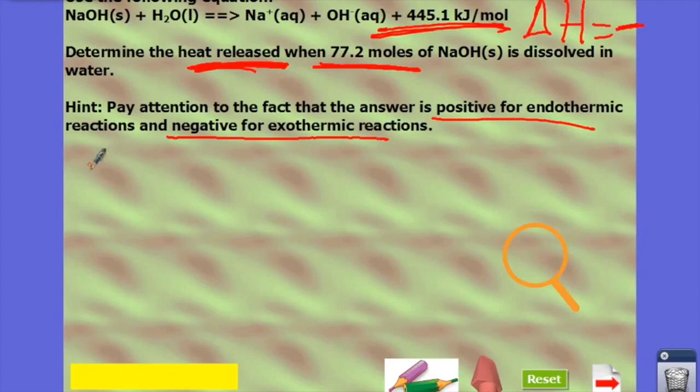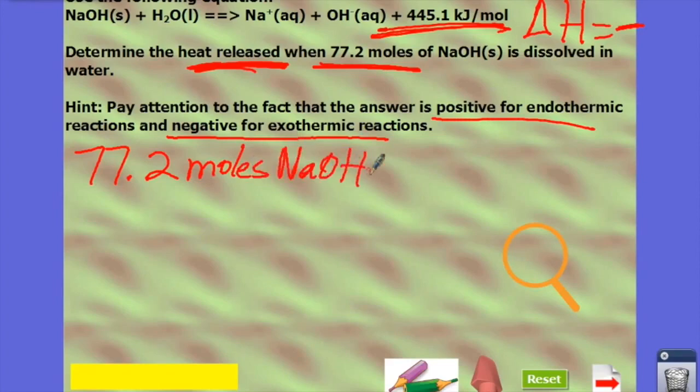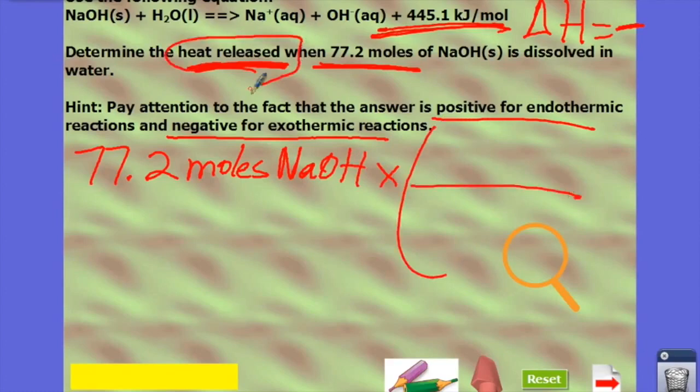So how do we solve it? We write down our given, which is 77.2 moles NaOH. So you just use your conversion factor. They ask for heat, so I need my kilojoule here. This is my heat, and I will use moles here.